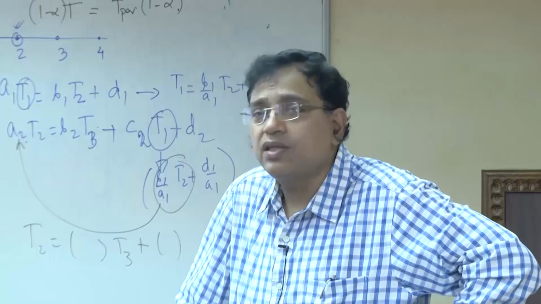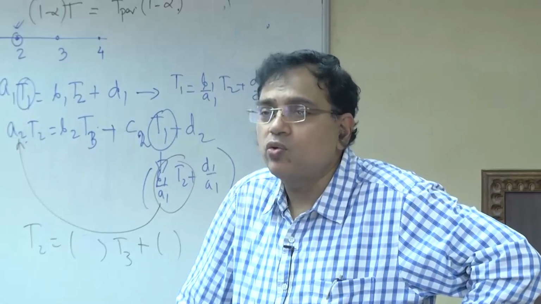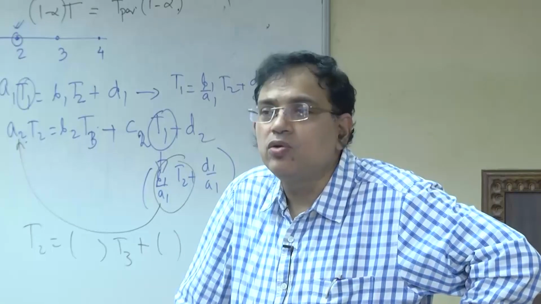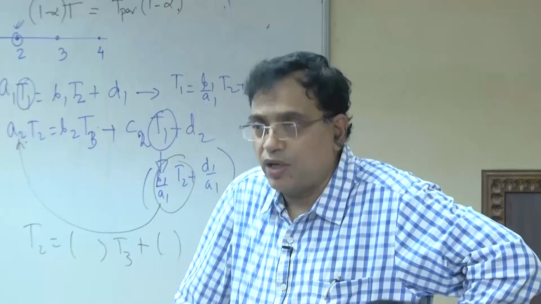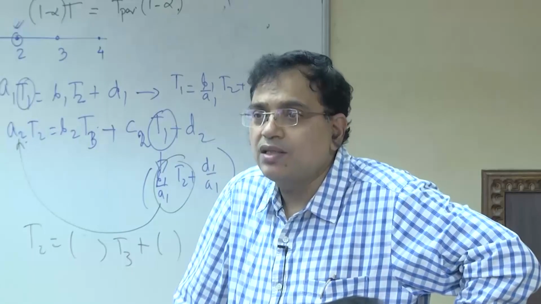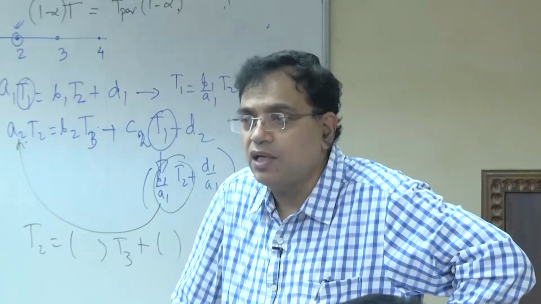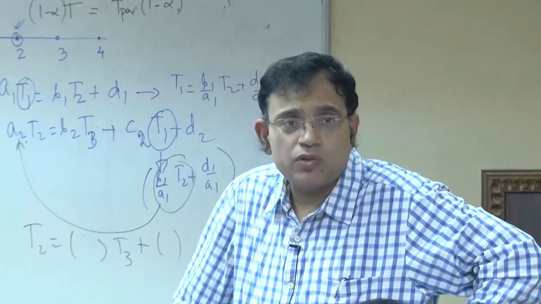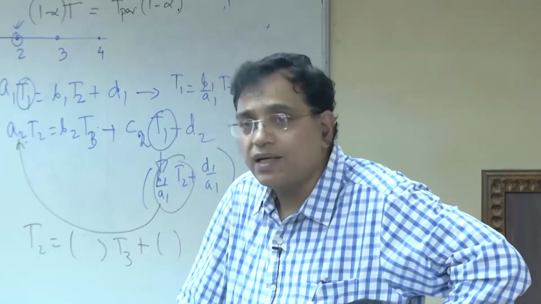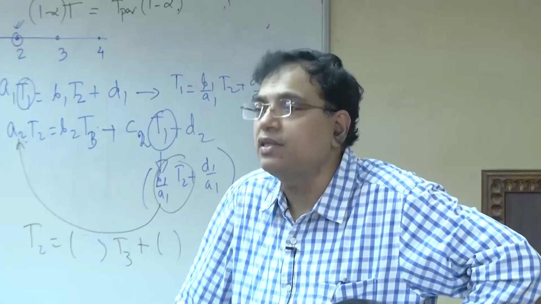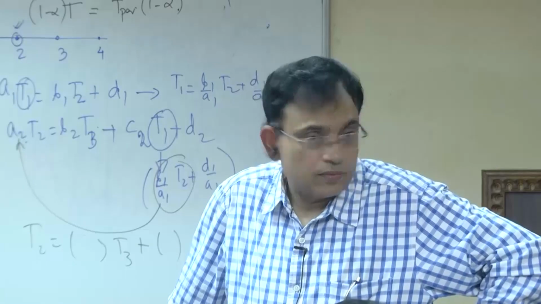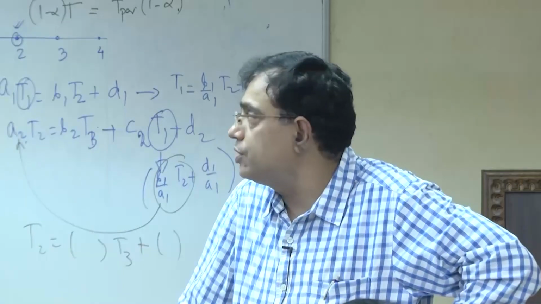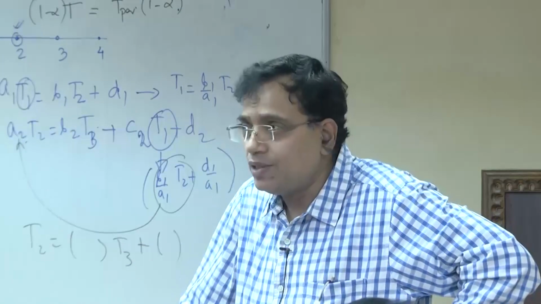The only thing that you have to do is that in a 2 dimensional space your elemental volume is dx into dy, and in r theta space it is r d theta dr, right. So whatever you integrated with respect to dx dy, here you have to integrate with respect to r d theta dr, that is it. If you have understood how to do that integration, you will be able to do this. So these two will be your assignment homeworks.